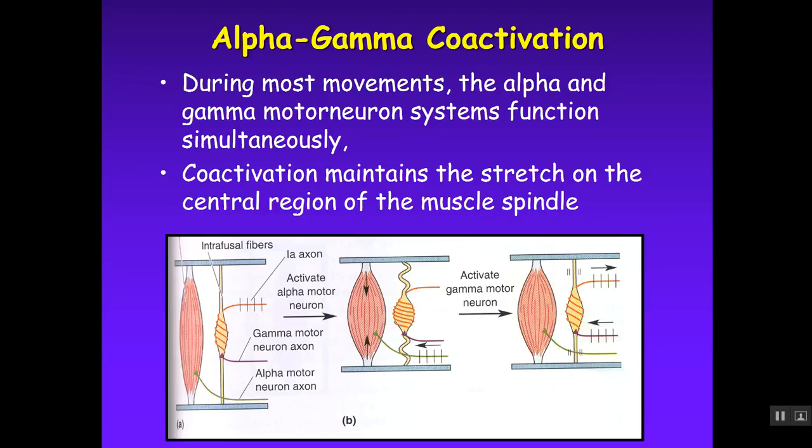So at a certain resting spot, when your muscle's in a nice resting position, it's going to have this normal basal rate of firing that says my muscle's in a nice resting position. If I stretch it farther, that rate's going to go up. If I contract it, it's going to go down, okay?